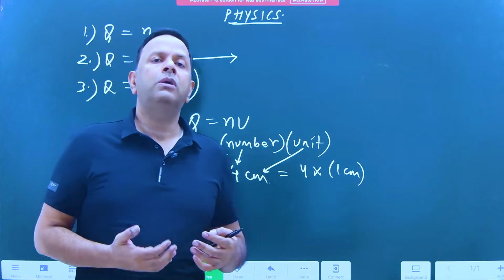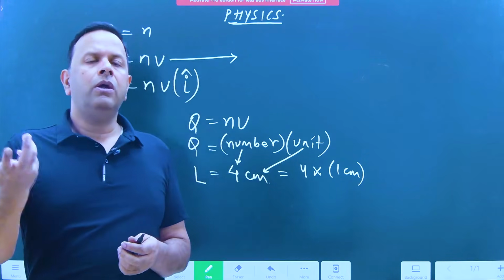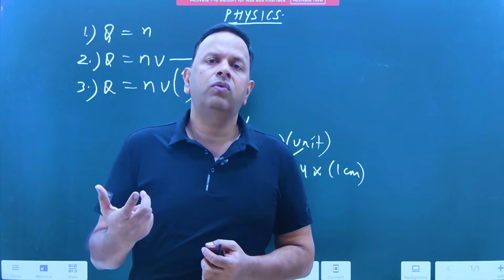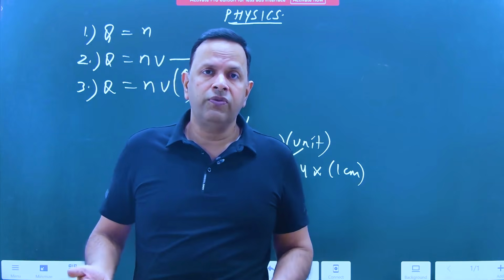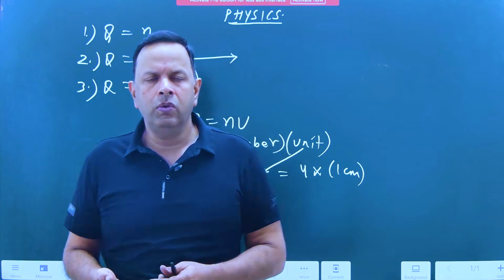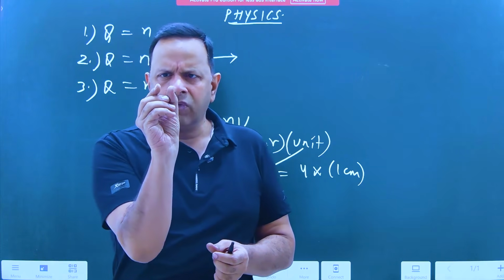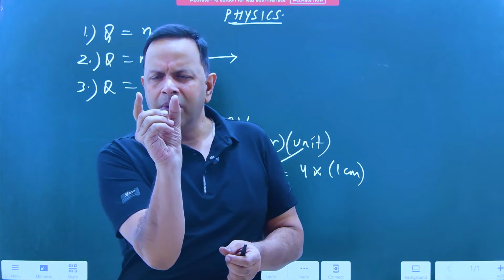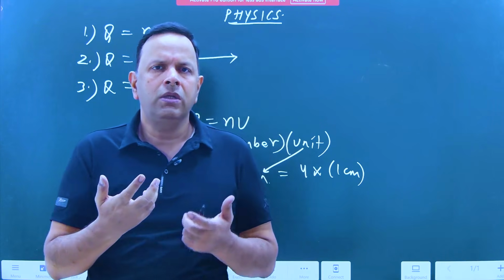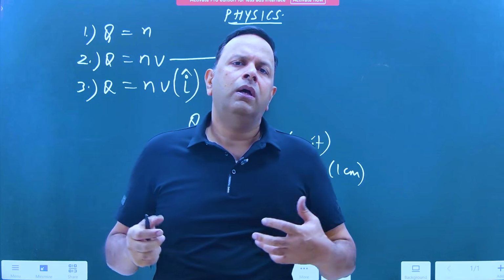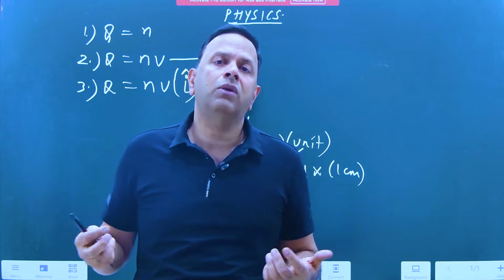Now anybody would be able to understand the magnitude of the length if he or she understands what 1 centimeter is, right? You should know the unit first, then only it can make sense for you. So centimeter is a common unit. We know 1 centimeter is somewhat this big. So 4 centimeter may be somewhat like this. So even without the actual measurement, you can have a broad assessment of the size of the physical quantity.